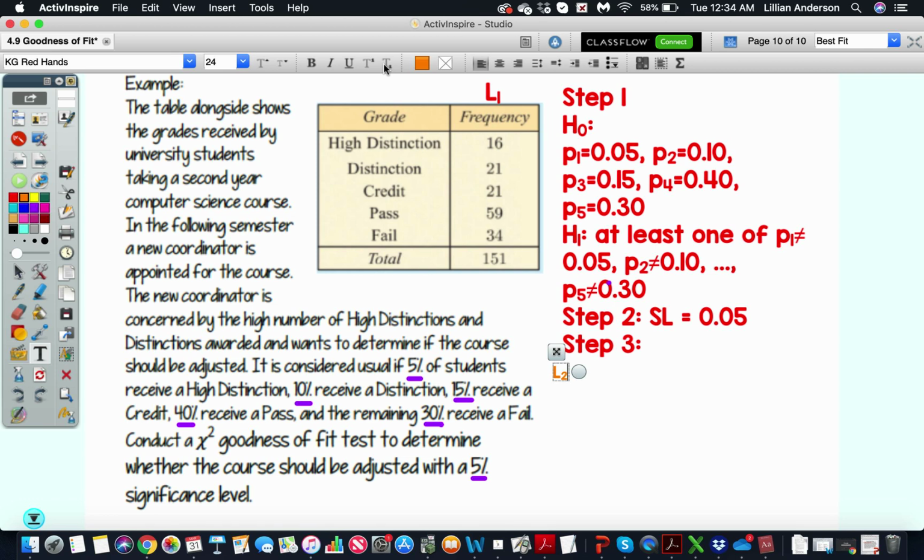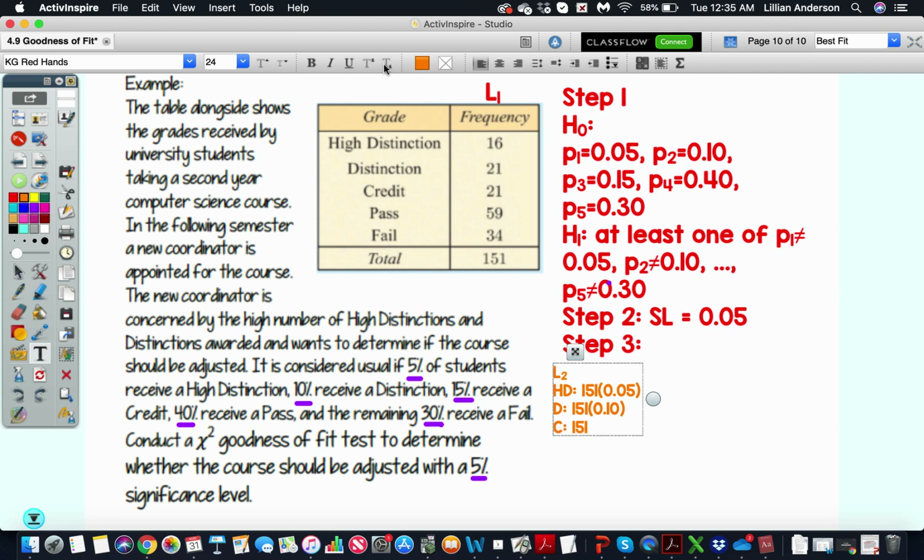So n represents the total, and p represents the individual probability for each of the awards. In order to find our high distinction, we multiply 151 by the probability of a high distinction, which is 0.05. We would do the same thing with distinction, except we multiply 151 by 0.10.